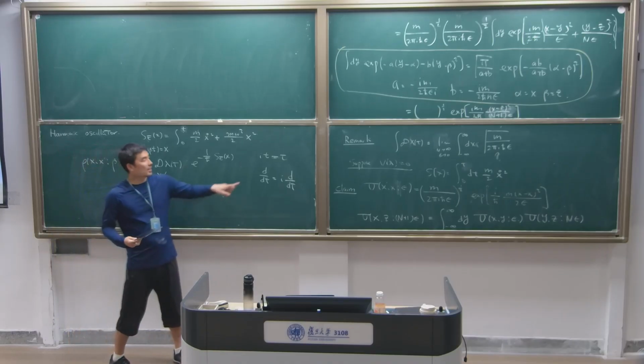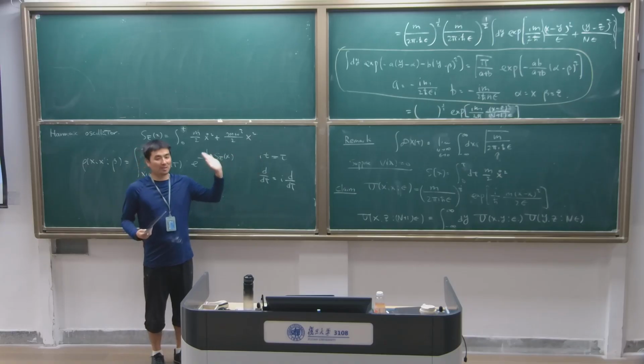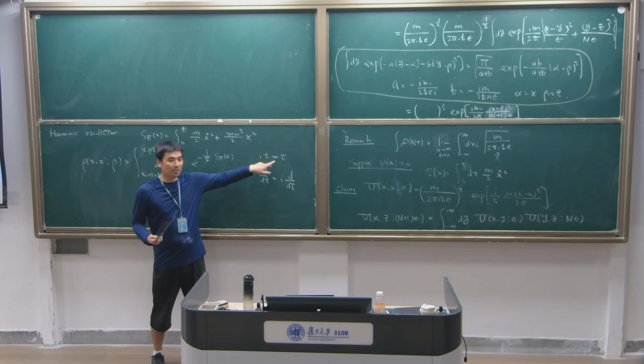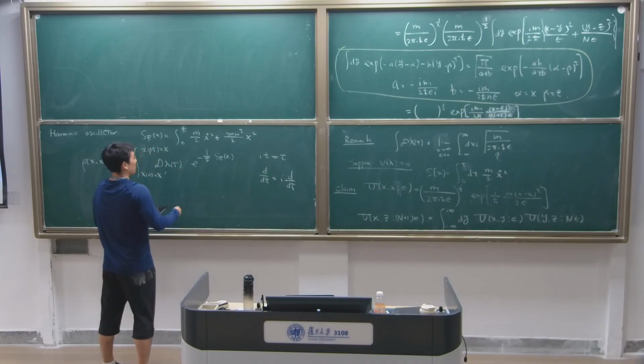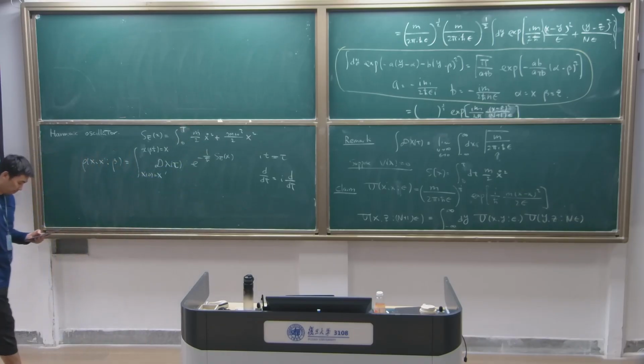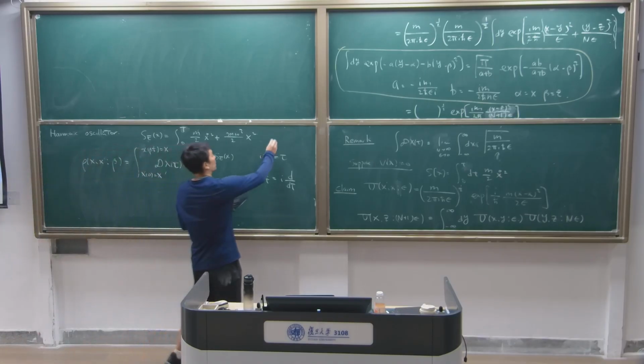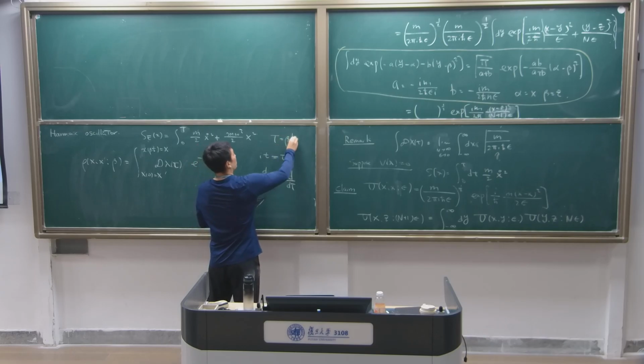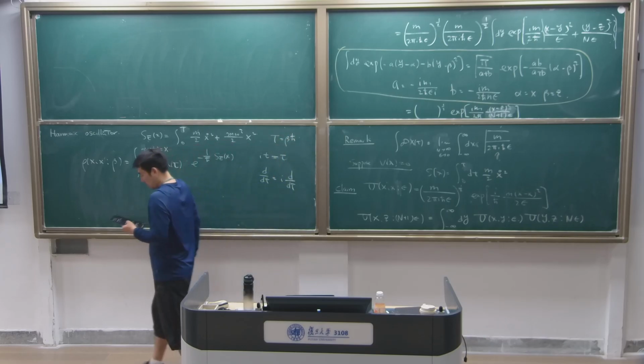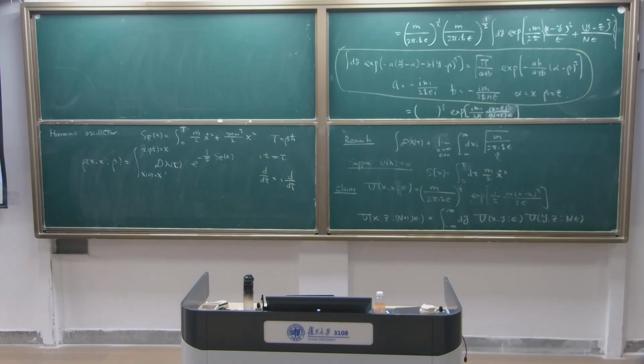I do the so-called Wick rotation. i t is treated as tau, and I call the total time capital T, where capital T is equal to beta h bar.